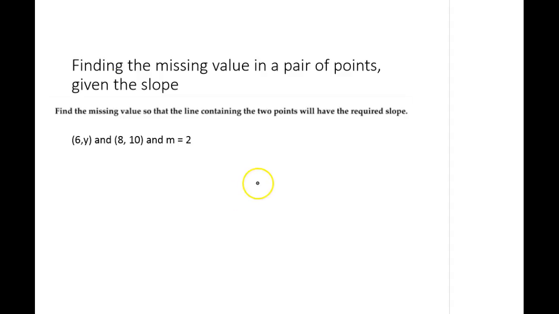This one has a y value missing, but I'm still going to set it up. Remember? m equals y2 minus y1 over x2 minus x1. So I get m, oh shoot, I got to put my m in.